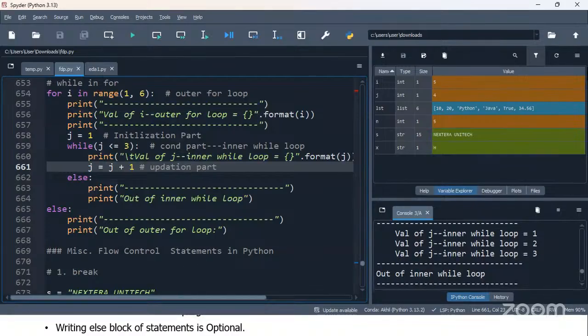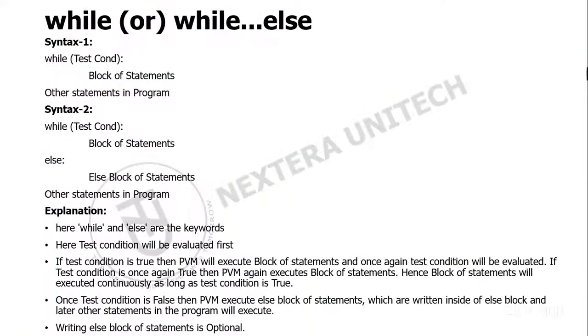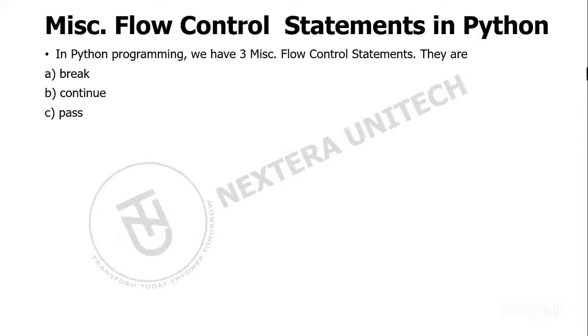Yes. So this marks the end of looping statements or repetitive statements. Next to repetitive statements or looping statements, there are miscellaneous flow control statements. The purpose of these statements is they help us to control the loops.